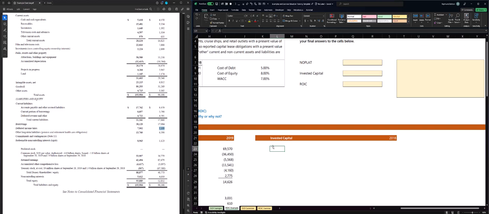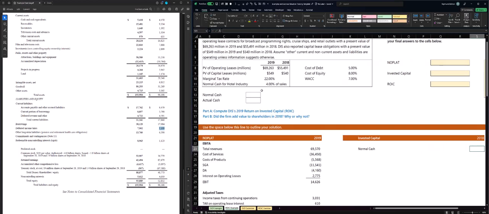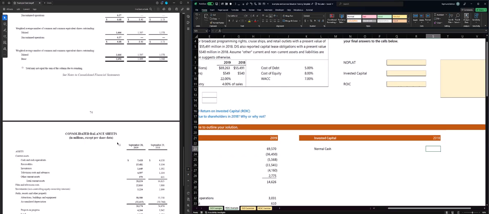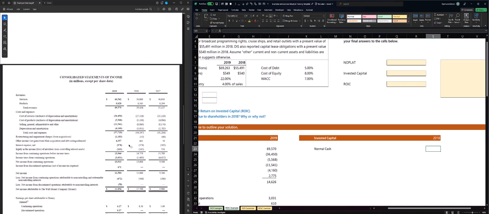Well, the first thing that we usually get is the normal cash, right? And we have it right here that the normal cash is 4% of sales. Keep note that it's 2018.